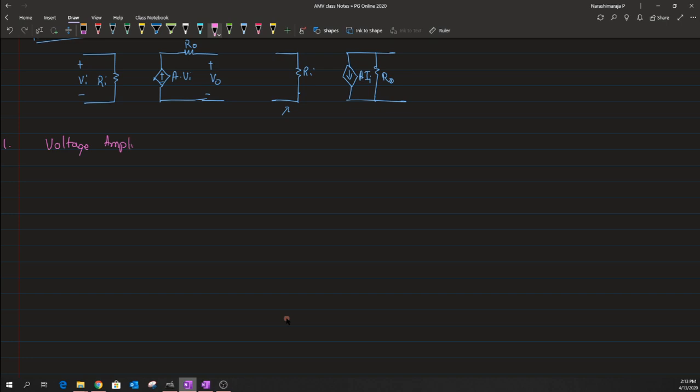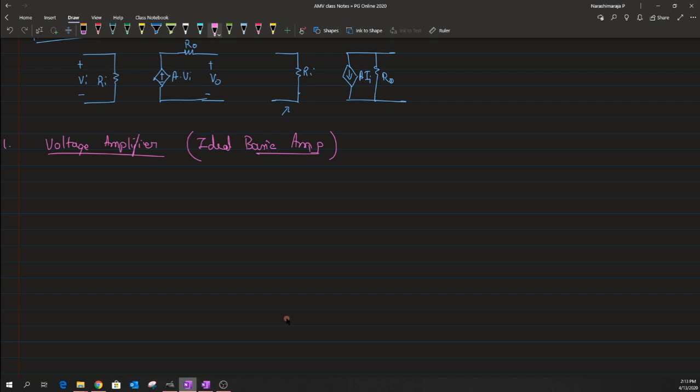In today's class we will be discussing only these models, with respect to the ideal basic amplifier. So we'll hold today's session only to the discussion of the ideal basic model.